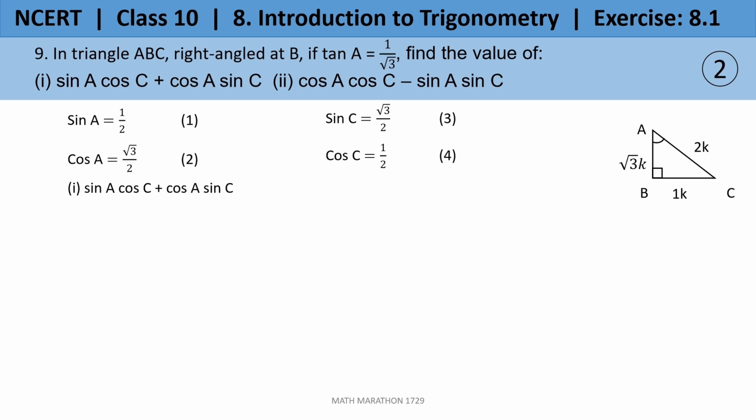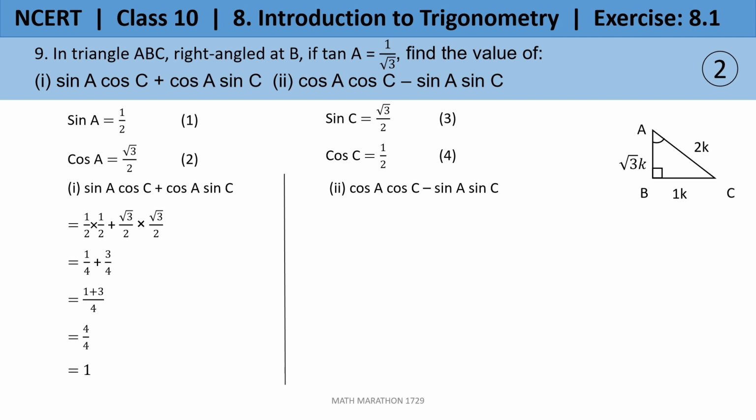Sin A cos C plus cos A sin C is equal to sin A, which is 1 by 2, multiplied by cos C, which is 1 by 2, plus cos A, which is root 3 by 2, multiplied by sin C, which is root 3 by 2, is equal to 1 by 4 plus 3 by 4. We have a common denominator, so we can add the numerators. Is equal to 4 by 4, which is equal to 1.